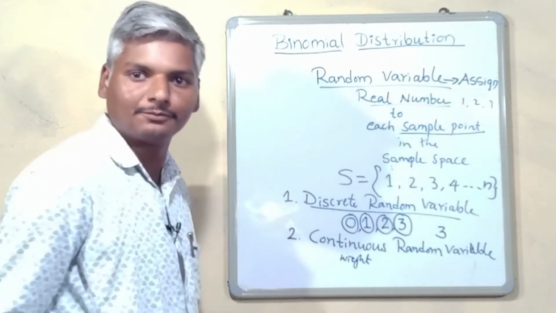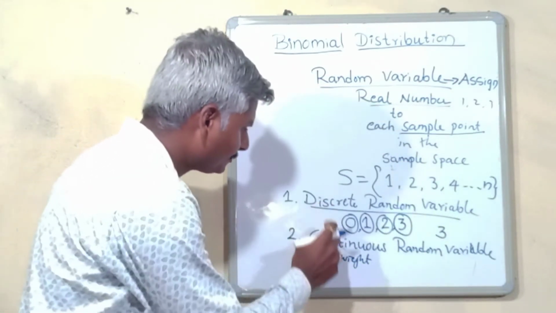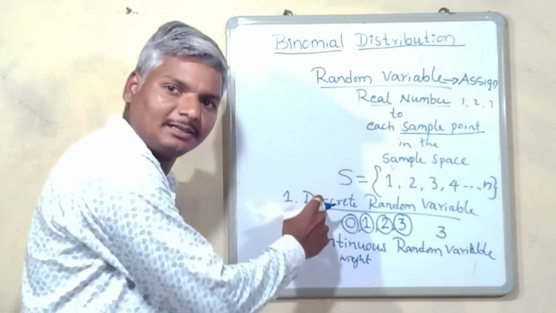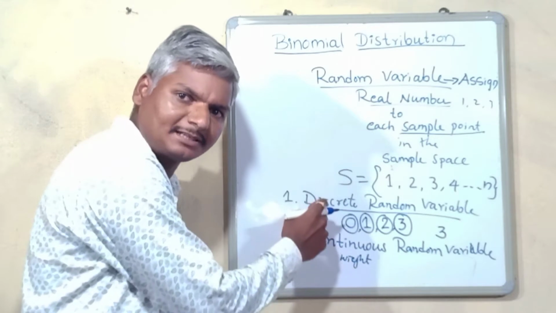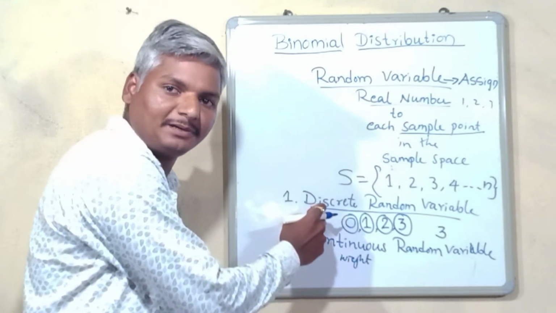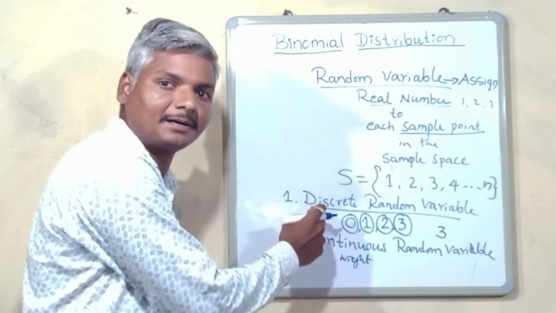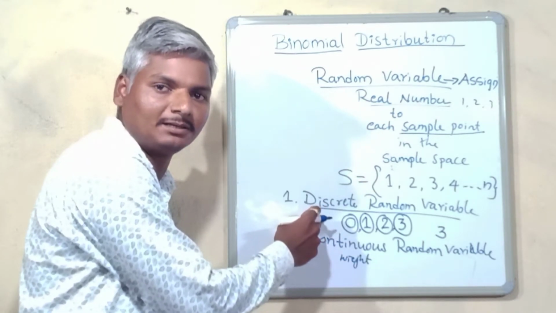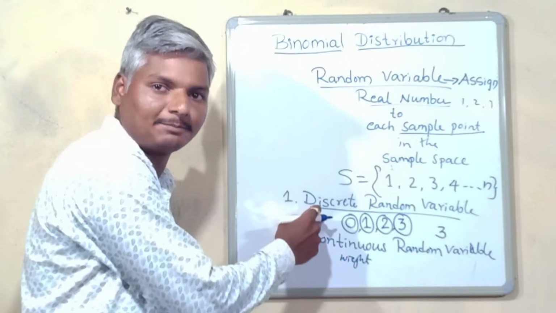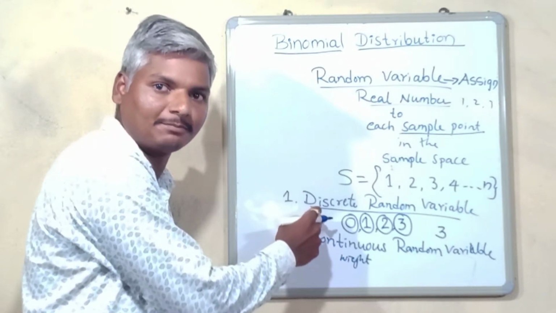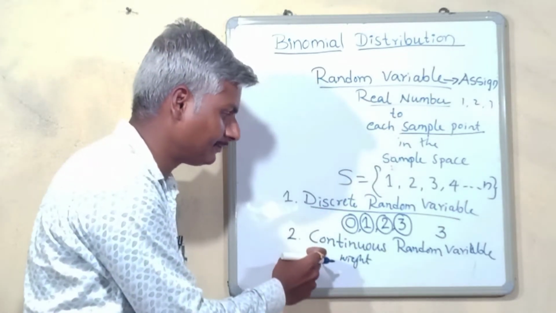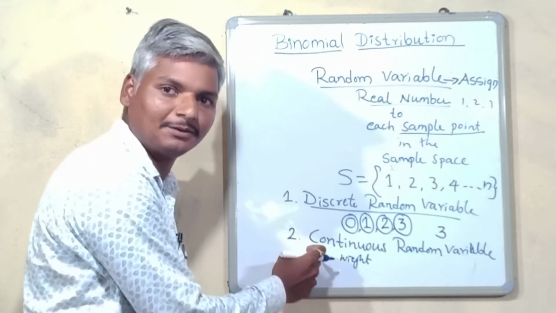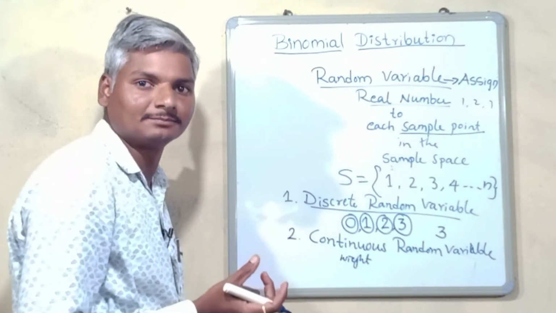If you differentiate these two random variables, with the same example you may take the number of apples in a box, maybe one apple, two apples, three apples, four apples. Whereas the weight of an apple is a continuous random variable.